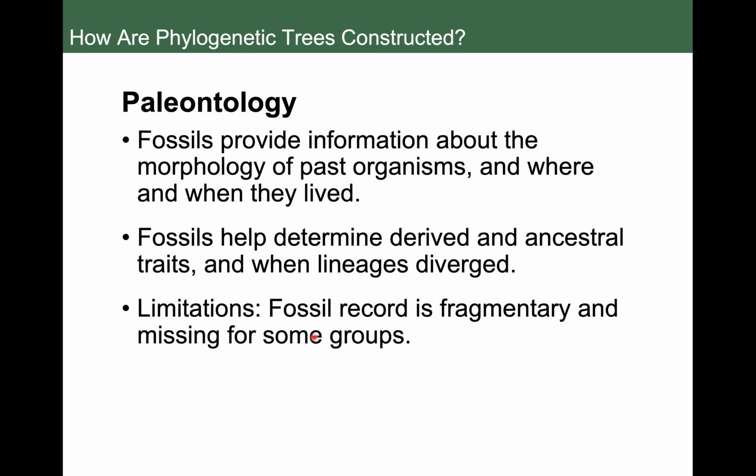Fossil evidence, as we discussed, can be very helpful in terms of establishing that time scale, and is also giving us some information on maybe some of these transitional species that may or may not have existed and given rise to some of the current organisms that we're studying in that phylogeny. And really, the biggest limitation of the fossil record, as I said before, is that it's pretty fragmentary.